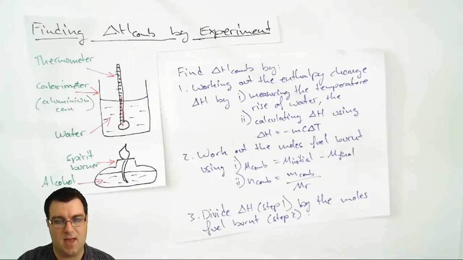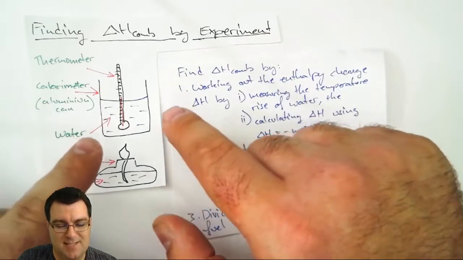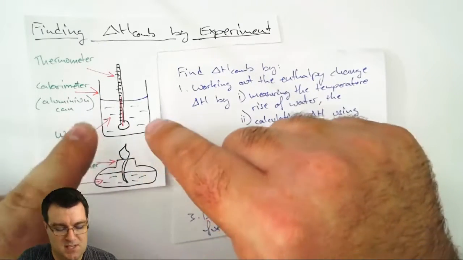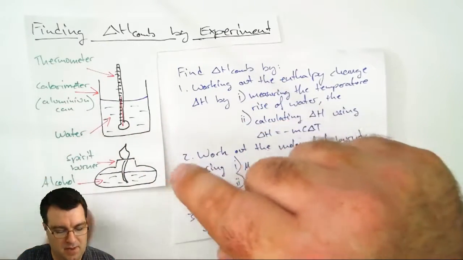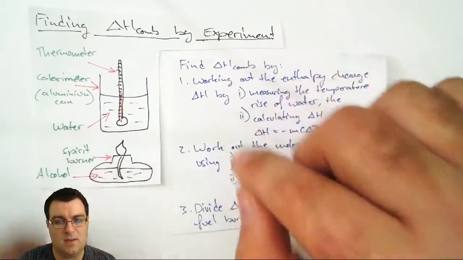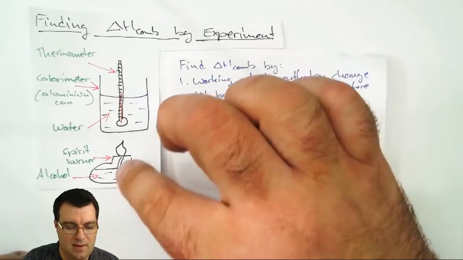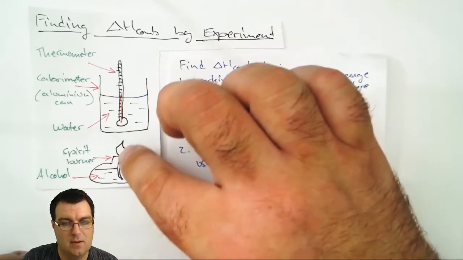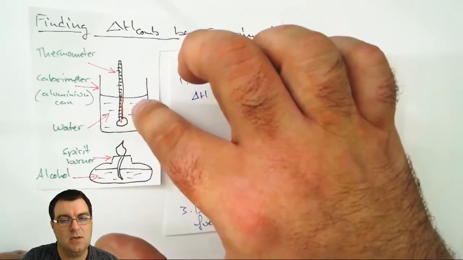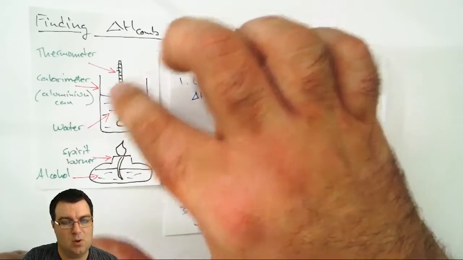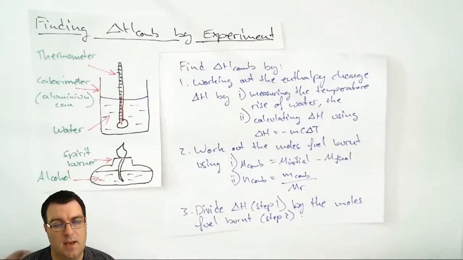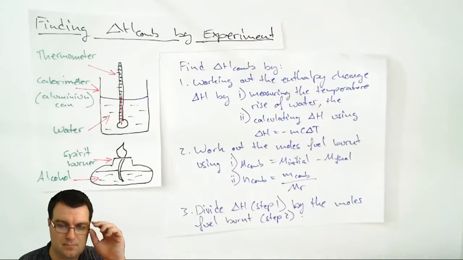If we have a calorimeter, essentially just a metal container containing some water, and we suspend that above a spirit burner containing alcohol, we can track the release of energy from that burning alcohol and work out how much energy is released by tracking the temperature of the water and how much it rises by as the alcohol combusts.